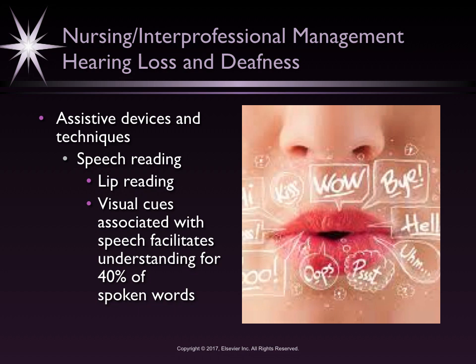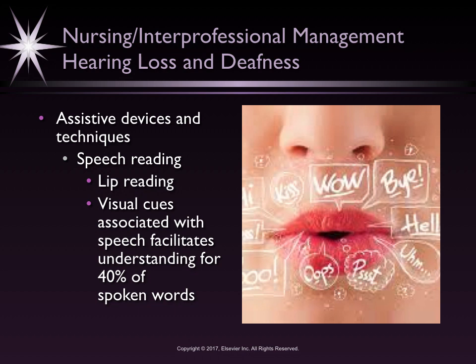But things like rabbit and woman look very similar when you're looking at the mouth. And so sometimes the gestures and the facial expressions tell more about what's going on, and are also very important.